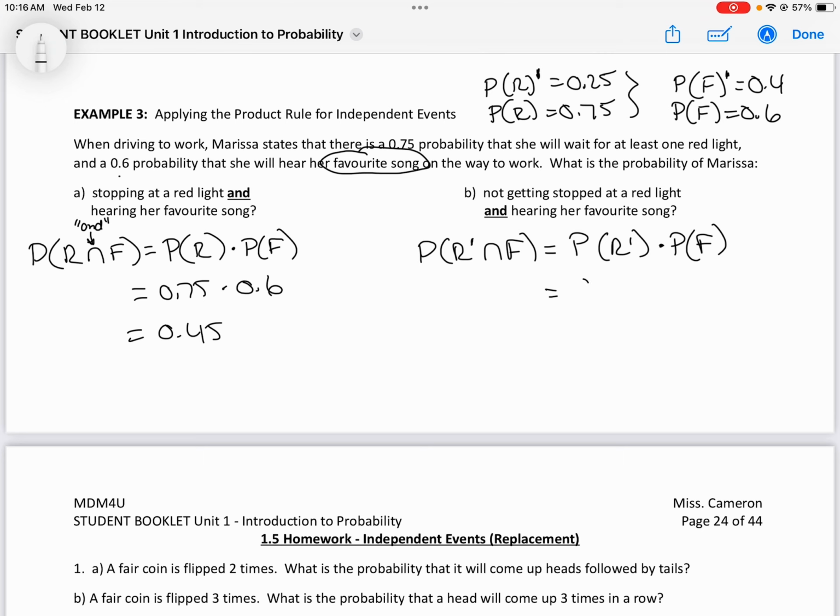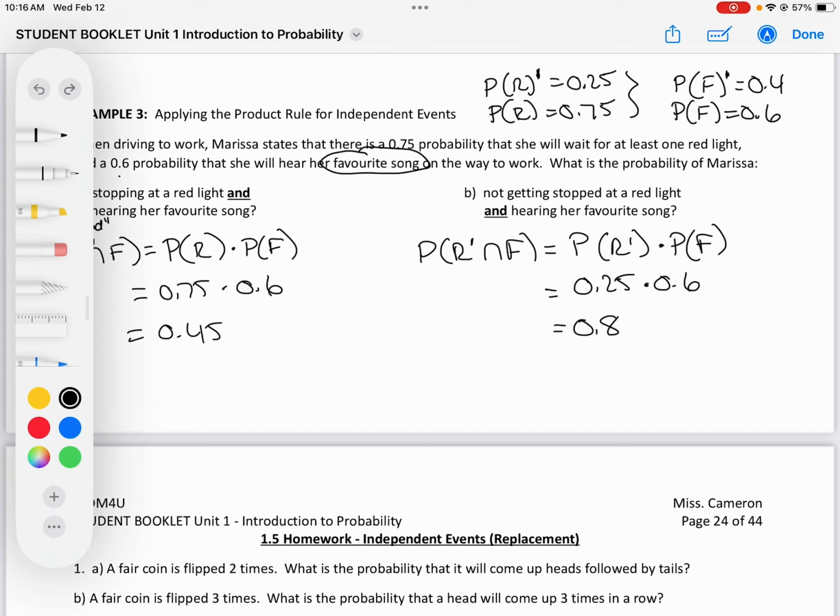Okay, so red complement is 0.25 times probability of a favorite song is 0.6. I get 0.85. Let me try that again. 0.15. Did not look right. Looked too big.